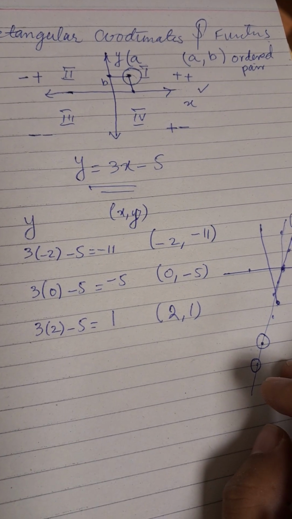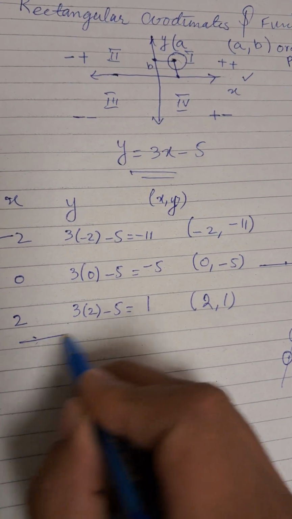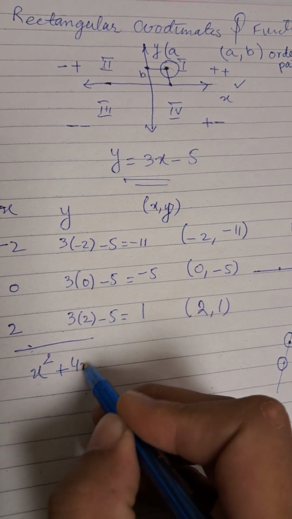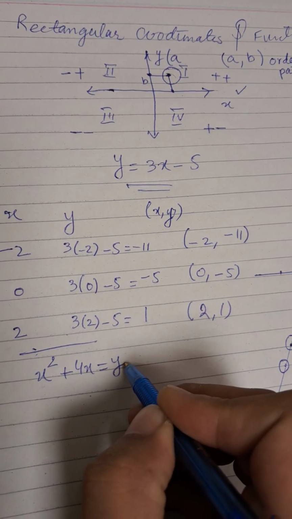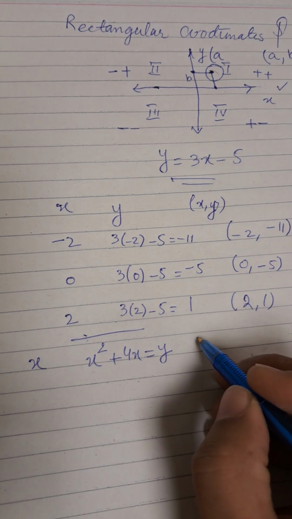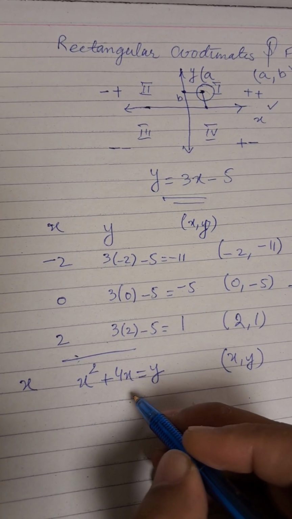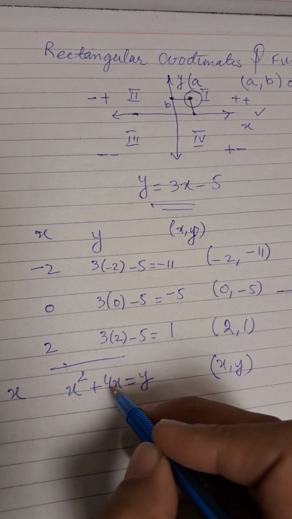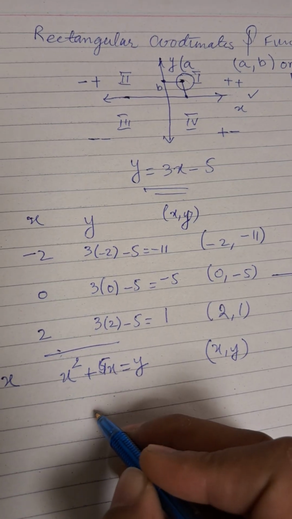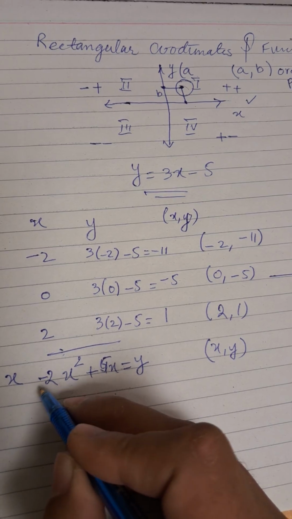But if you consider this straight line, this is a linear equation in x, we may have some equation such as x squared plus 4x equal to y. For that particular case, we would do the same thing, it could have 4x, it could have 5x, it could have 6x, but in all those cases we could have 2x squared, it could have minus 2x squared.